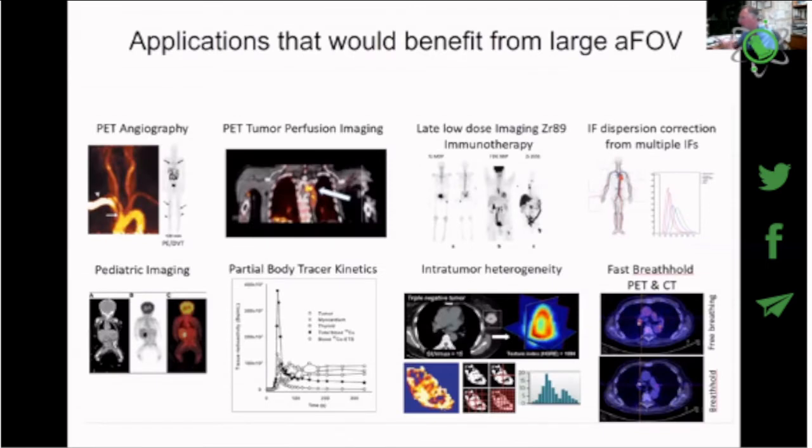Now, there are many applications for large axial field of view, from being very useful for pediatric patients to doing parametric imaging and so on. We're not going to delve into the detail as to why you would want a large axial field of view, other than to show the advantage of that.